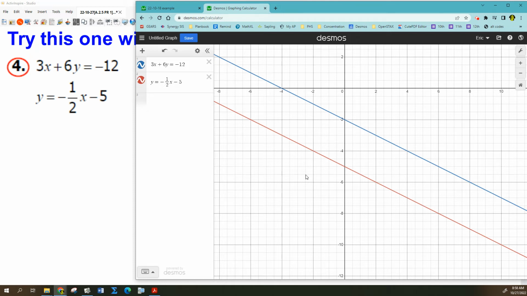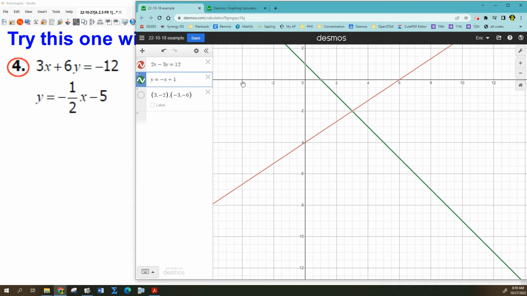Okay, I want you to notice something. If I go back to that previous example where the lines intersect, can you see that when I click on one of these lines, at the point of intersection, it gives me a light gray dot at the intersection. And if I click on the red line, it also gives me a light gray dot at the y-intercept and the x-intercept.